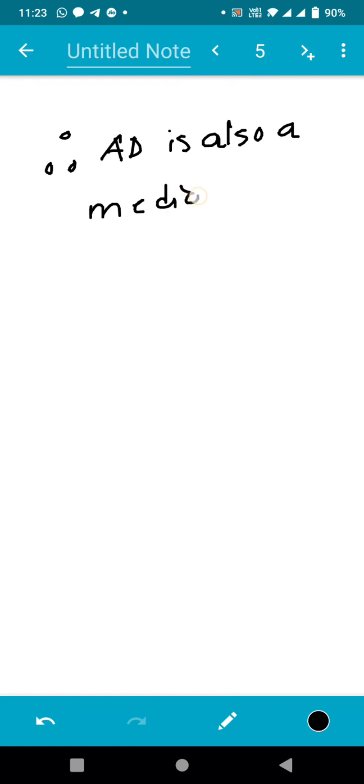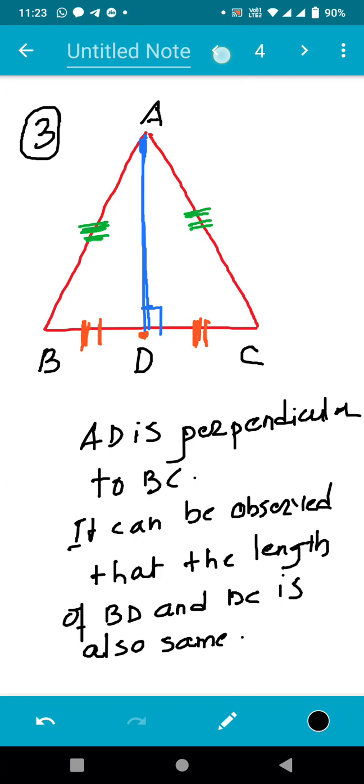Median, because as we know that median is a line which is drawn from a vertex to the midpoint of the opposite side, isn't it? So this is what exactly happening. See, we are drawing a line from a vertex A to a midpoint D. Why D is a midpoint? As we have already observed that BD is equal to DC, so D would be a midpoint.